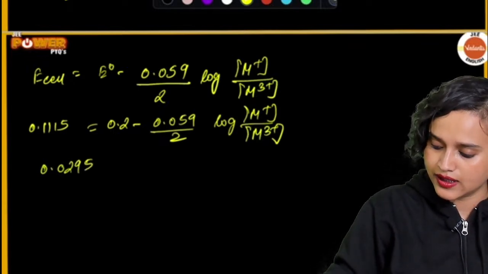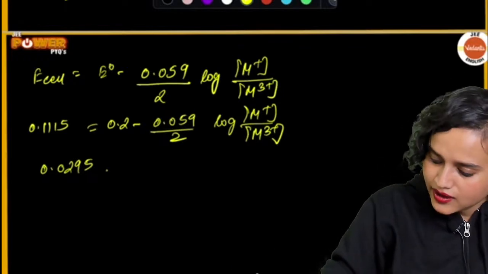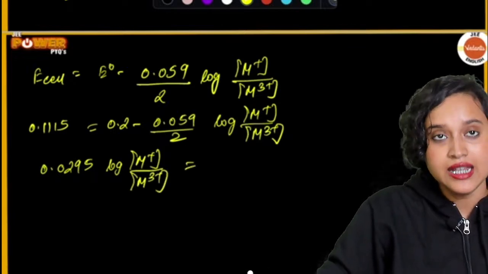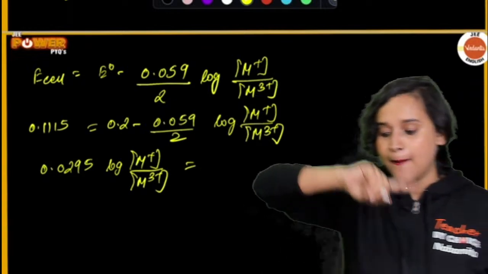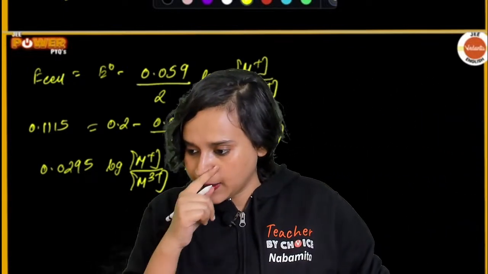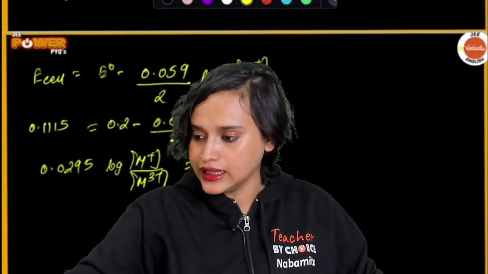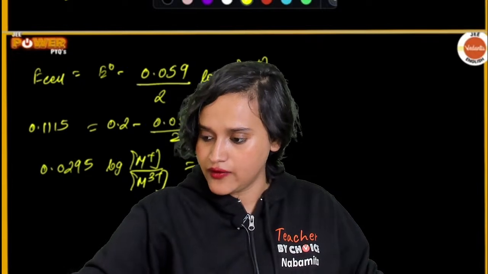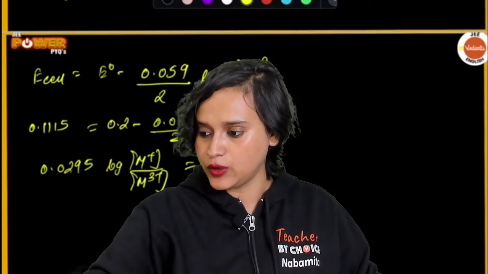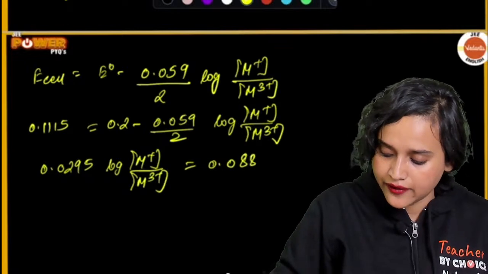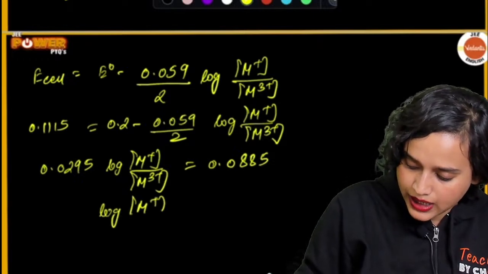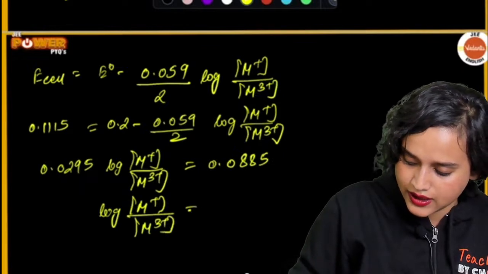Then log of M plus divided by M3 plus is equal to, now 0.2 minus 0.1115, if we do, one second, I need a little bit of calculator here. We are getting 0.0885.